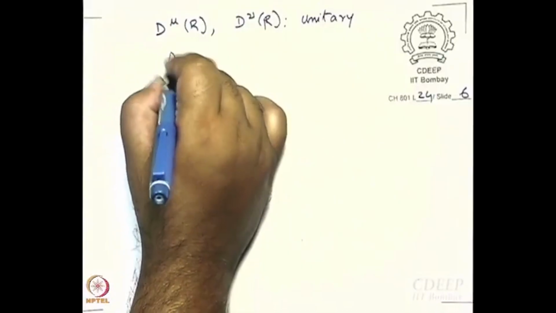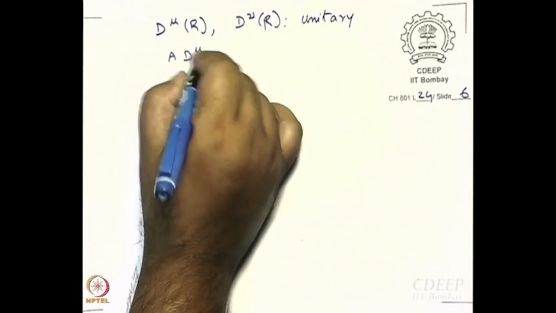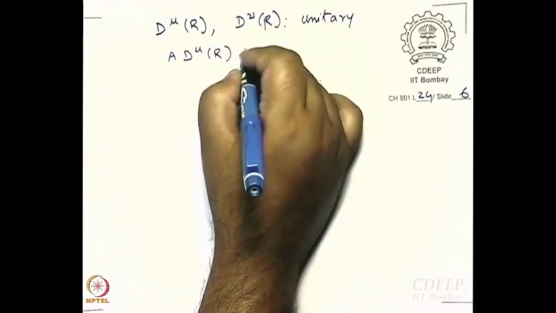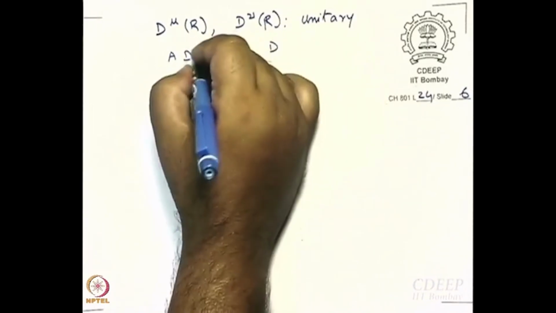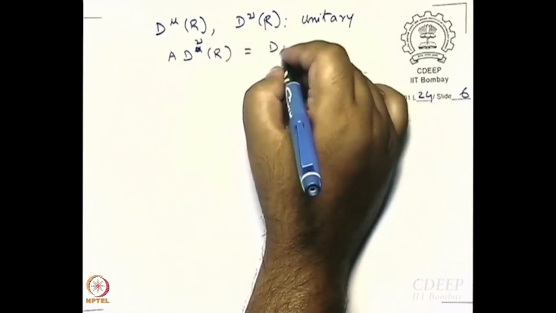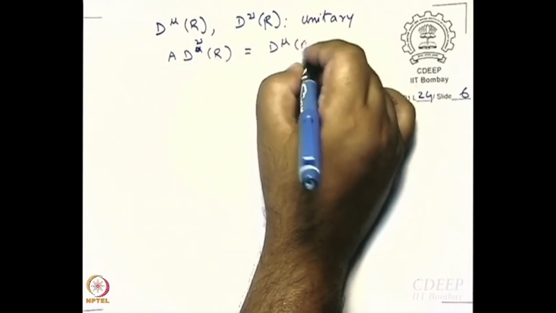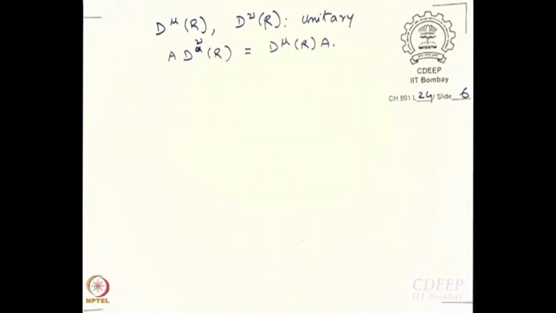So, what we have said already is A d nu r equal to d mu r A. Okay?